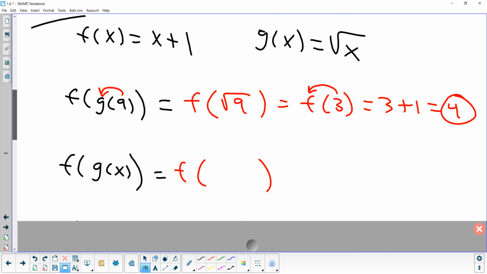And Chloe, what is g of x in this case? It's going to be a formula. So it's given to us up at the top. Square root of x.